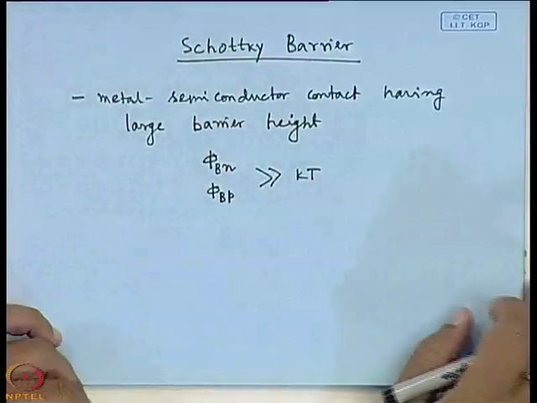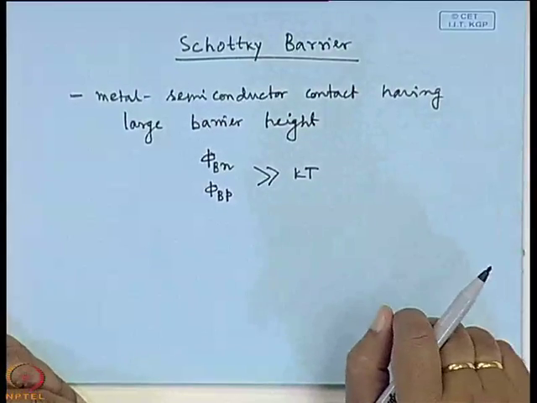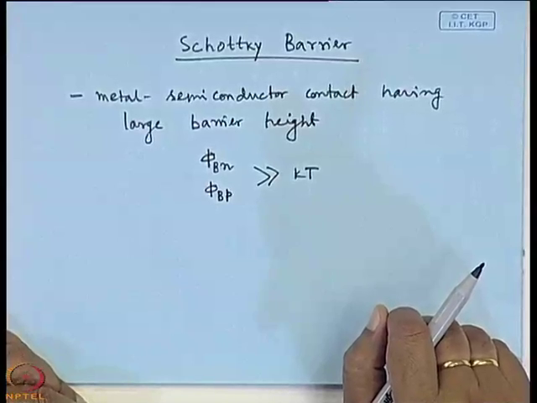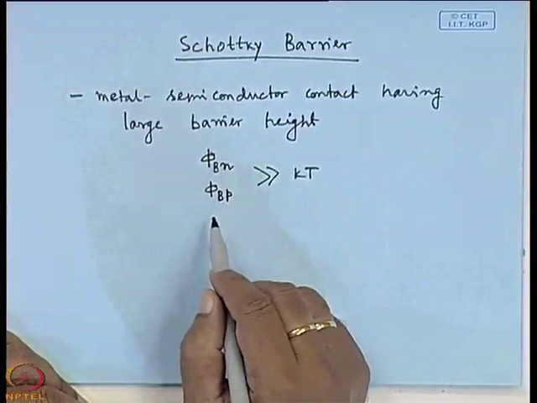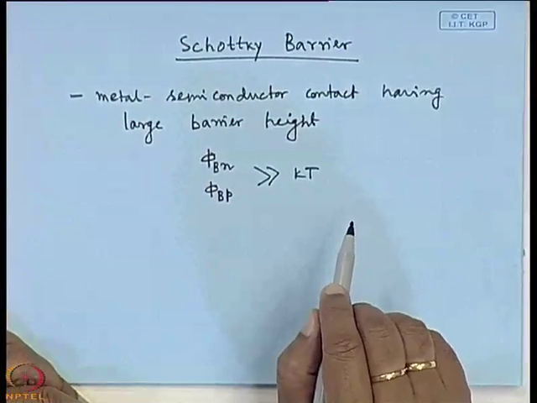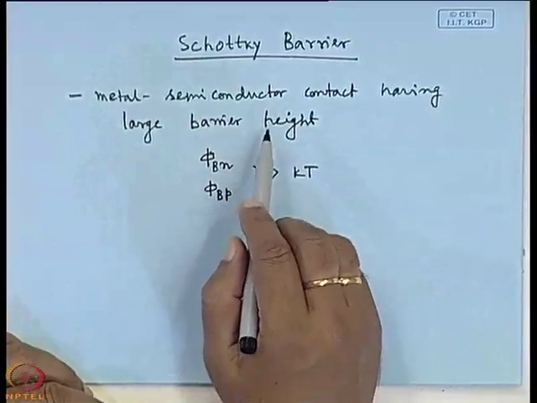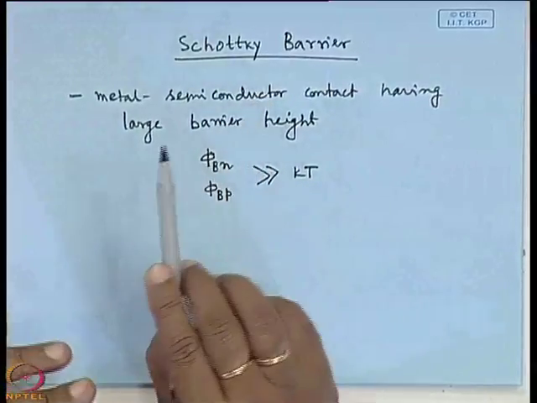When you say that this is large in comparison with the value of kT at that temperature, that means if you work at say room temperature, then the value of kT is 26 milli electron volt. So, the barrier height must be very much greater than 26 milli electron volt. If it is there, then you can consider that the barrier is known as the Schottky barrier.